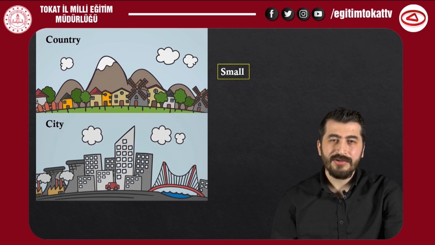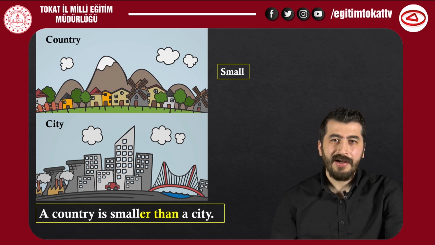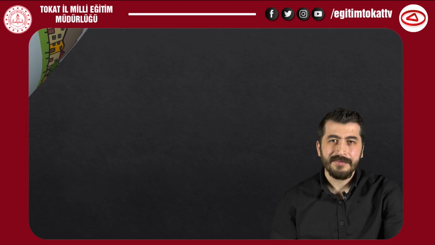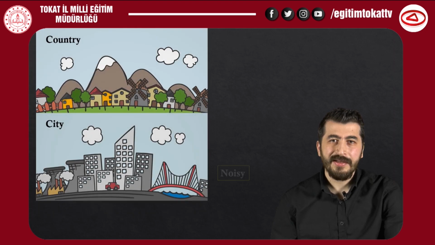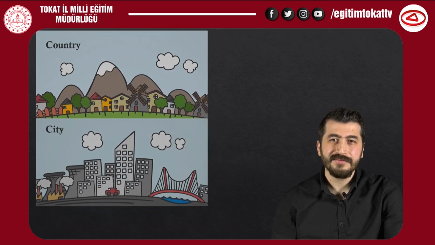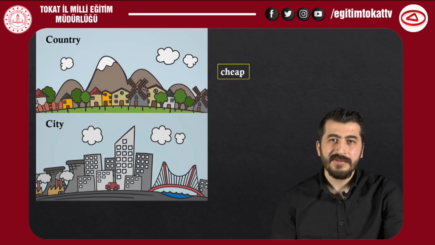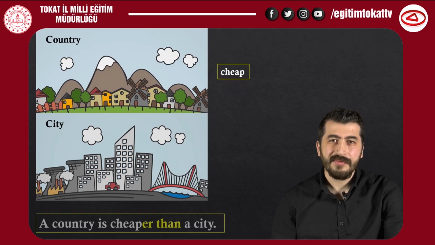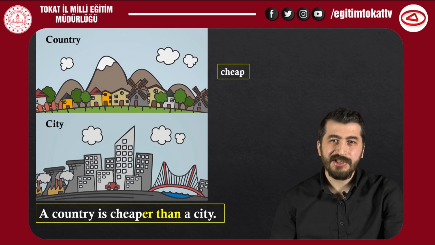Small, let's compare country life and city life. The country is smaller than a city. Now noisy. City life is noisier than country life. Cheap. A country is cheaper than a city.